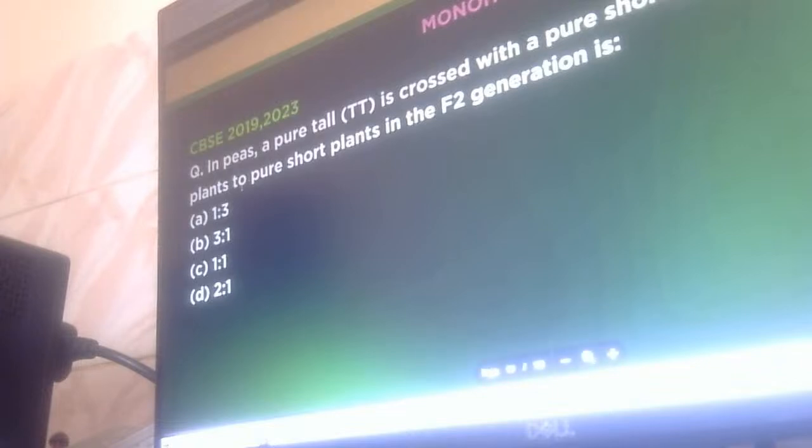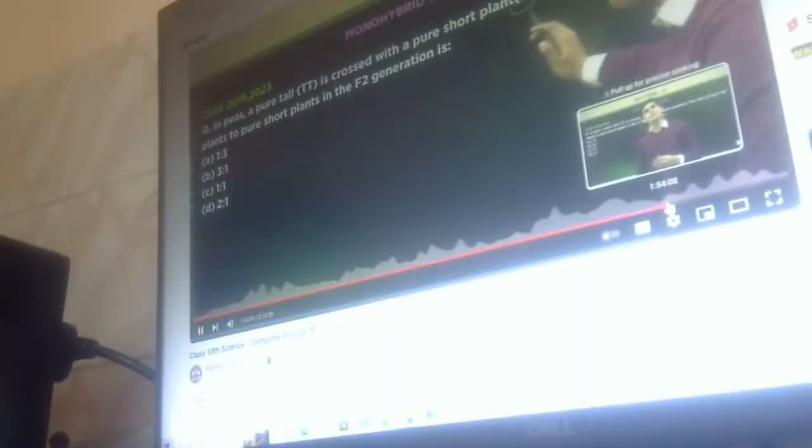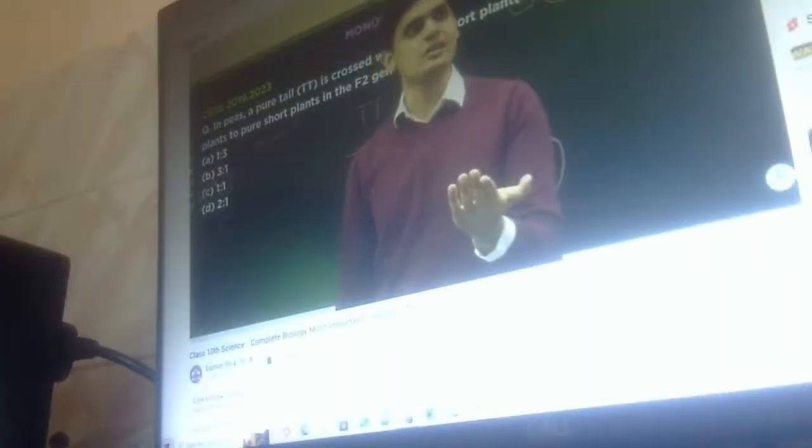Pure. You're talking about genotype. Oh, they're talking about genotype. Genotype is 1 is to 2 is to 1. So pure tall to pure short is 1 is to 1. Let me check that. I need the answer of it. 1 is to 1, correct.